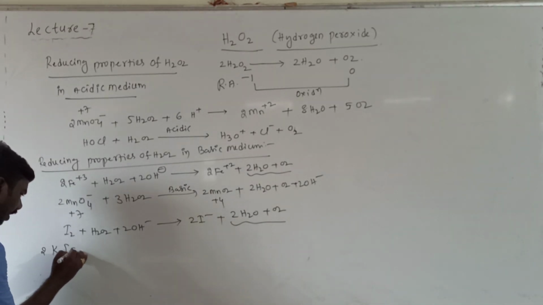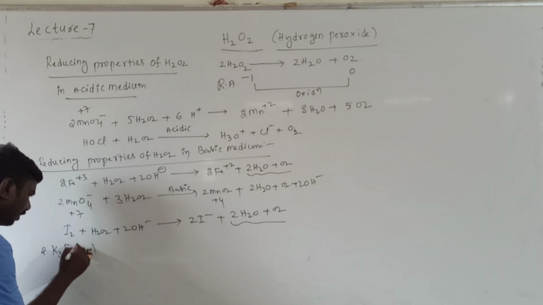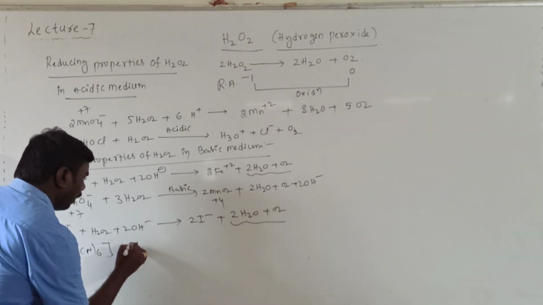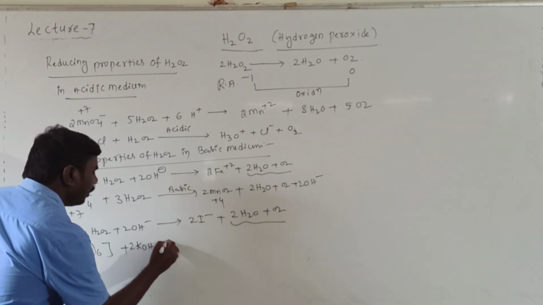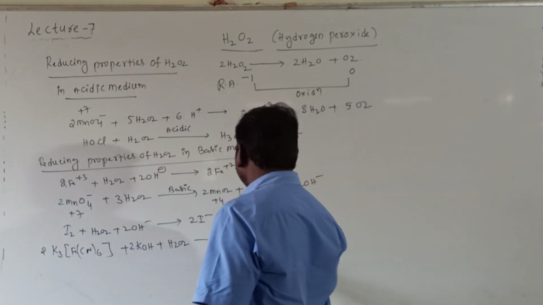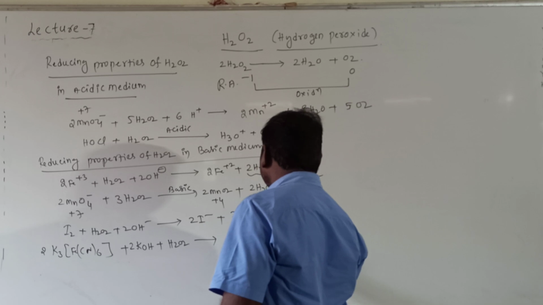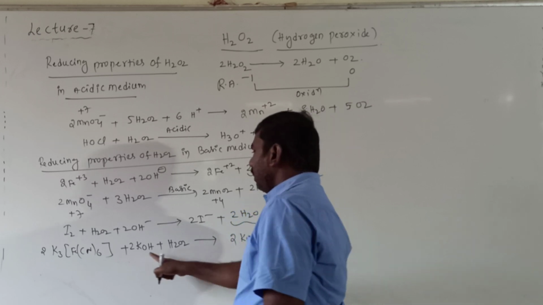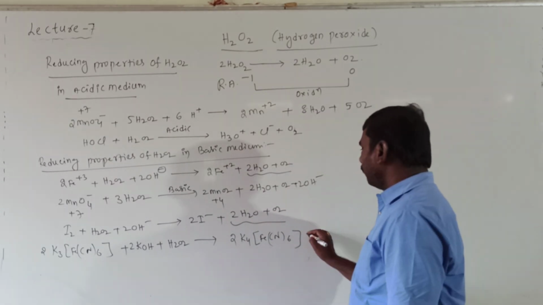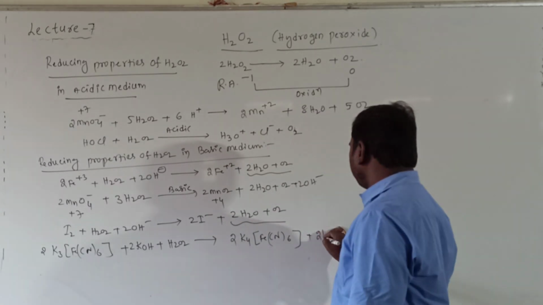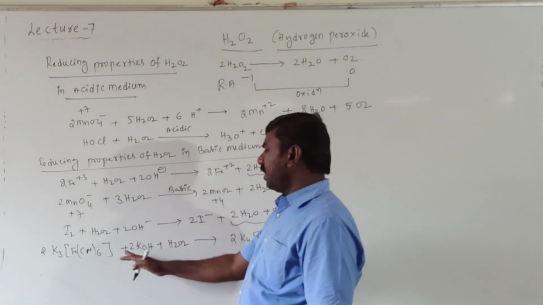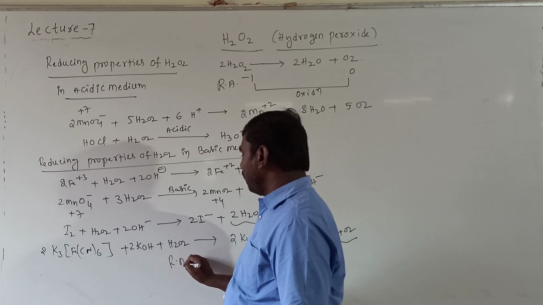2K3Fe(CN)6 plus 2KOH plus H2O2 gives rise to 2K4Fe(CN)6. These two potassiums are added, 2K3 is converted into 2K4, plus 2H2O plus O2. O2 formed means obviously this is acting as a reducing agent.